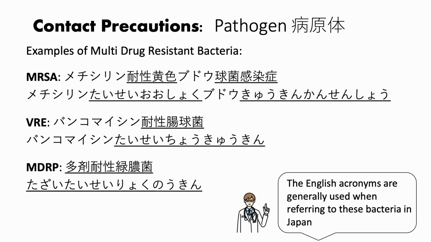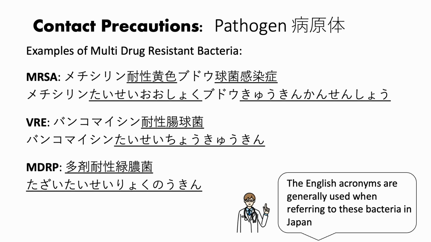So now we have some examples of multi-drug resistant bacteria, and before I get into it, I'll just read the advice written in the bottom of the slide. The English acronyms are generally used when referring to these bacteria in Japan. Just thought I'd say this in advance, as some of the Japanese names for this are a bit of a mouthful and can be difficult to say and remember.